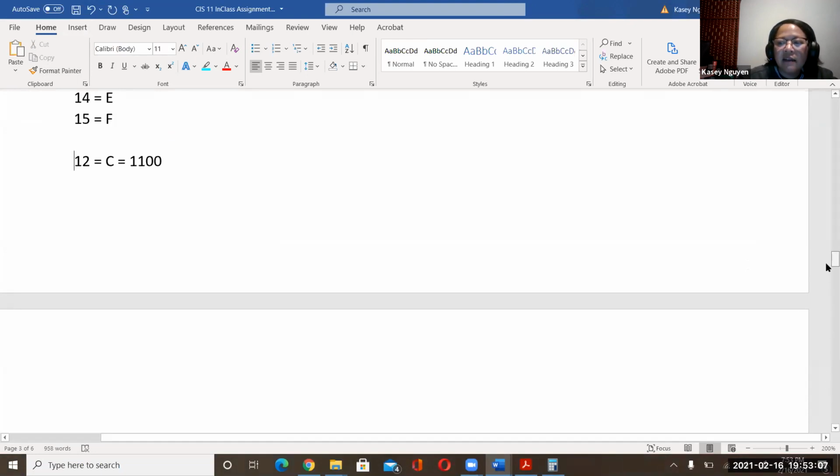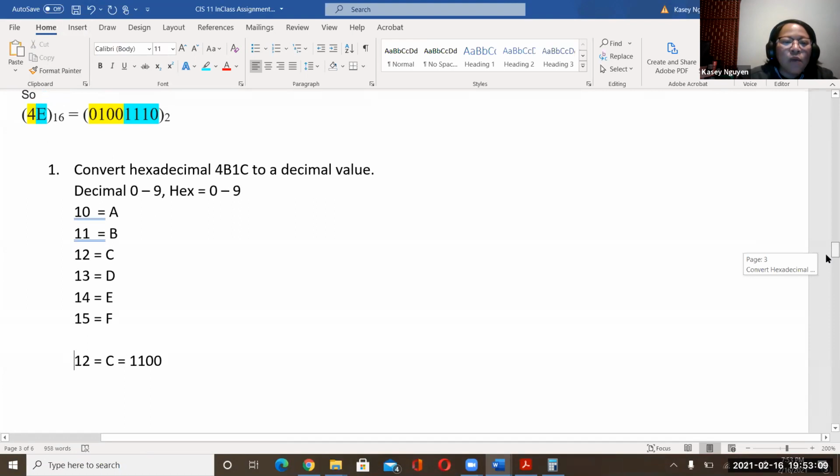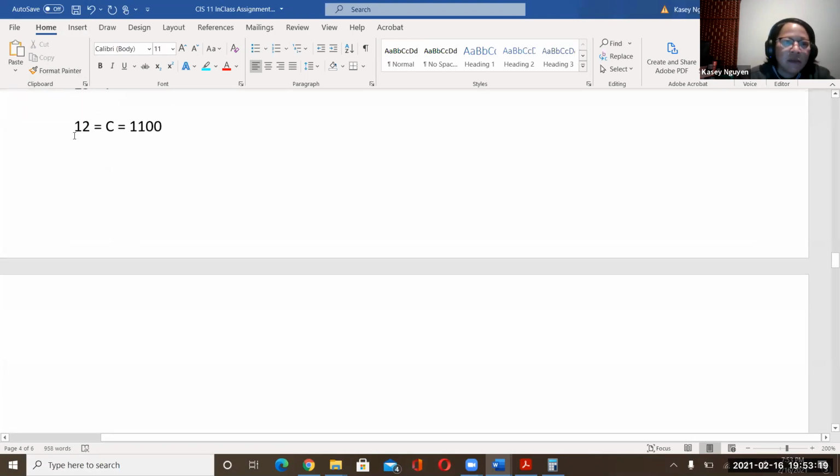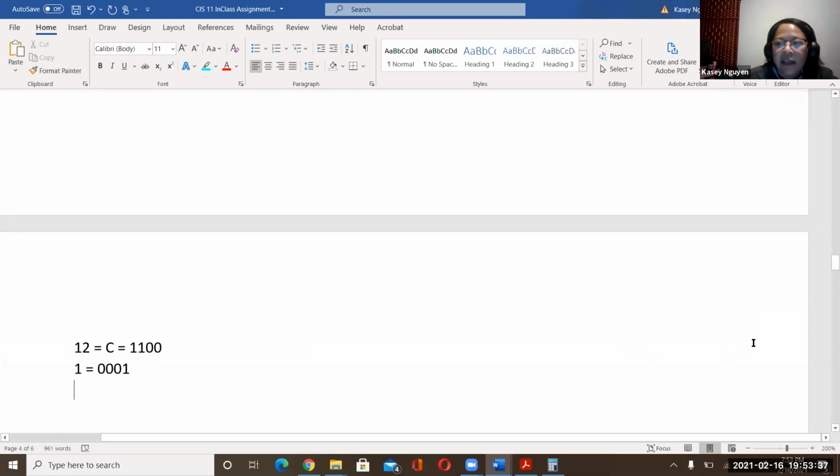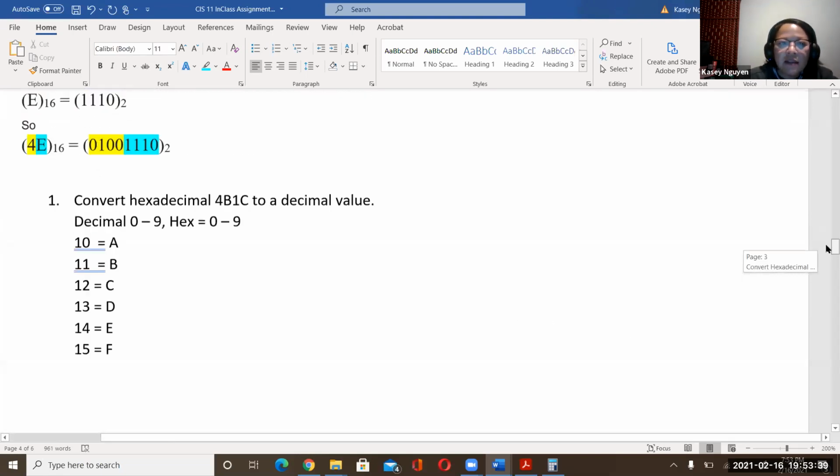What's the next digit? That's going to be 1, right? That's very easy. So your 1 in hexadecimal is 1 in decimal, which is going to be 0, 0, 0, 1, because 1 is on. And then what's the next one?